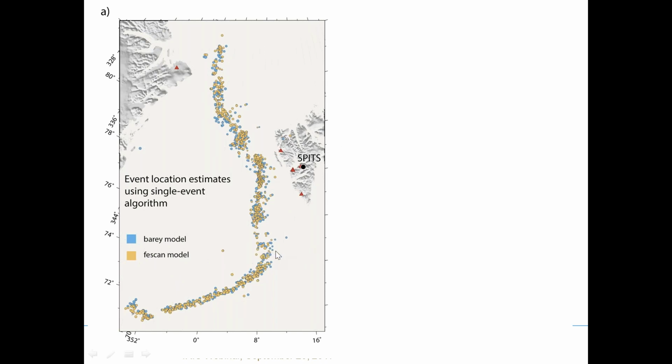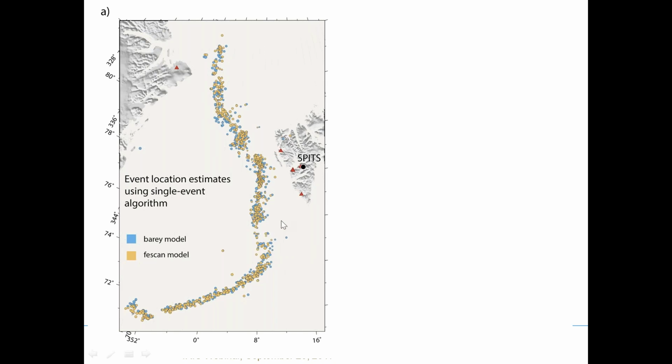And you see, for any one event, if you use the BARI model or the Fennoscandian model, the location estimate falls in a slightly different place, which just sort of adds to the spread.